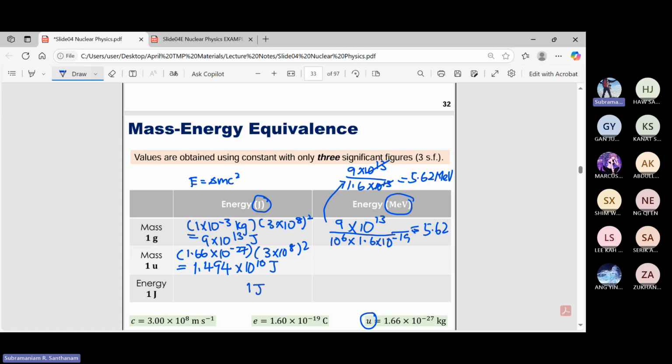It should be about 930 something. You must take 1.494 times 10 power of 10 and divide by mega electron volt.